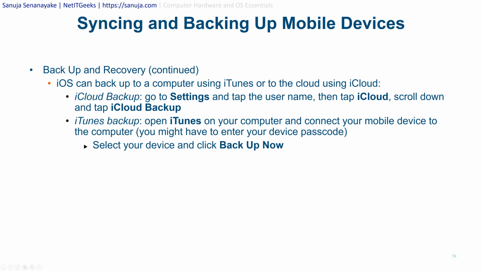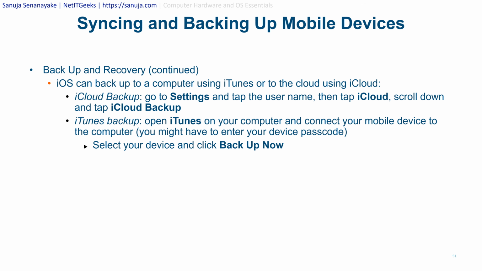When it comes to iOS backups, iOS can be backed up to the computer using iTunes or to the cloud using iCloud. For the iCloud backup, you can go to Settings, tap the username, then tap iCloud and scroll down to iCloud Backup, and you can set how and what is backed up to iCloud. iTunes backup is a desktop application.